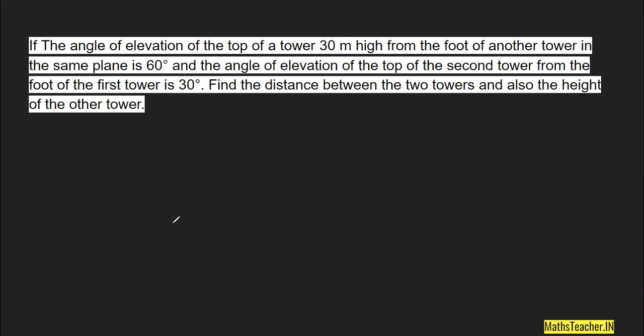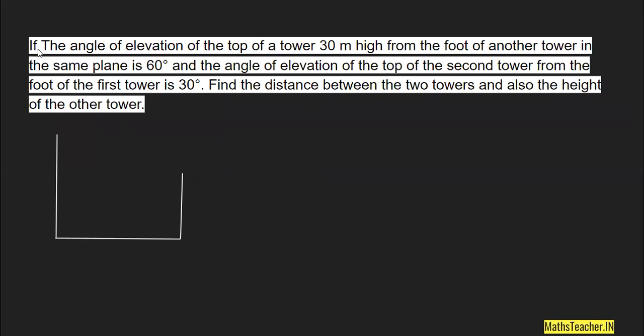So let's draw it first of all. This is the first tower, which is the bigger tower, and this is the bottom part, and this is the short tower, and we call it second tower. And we will follow the sequence.